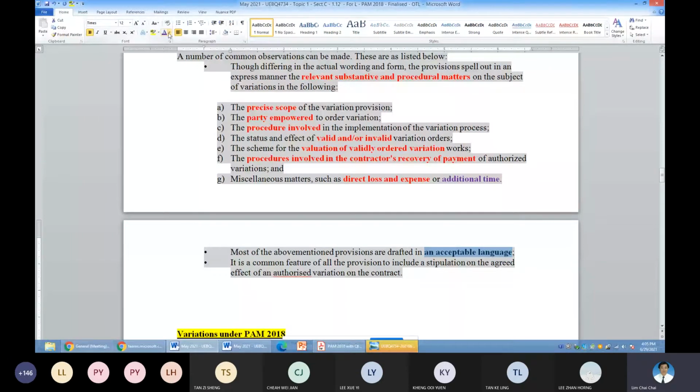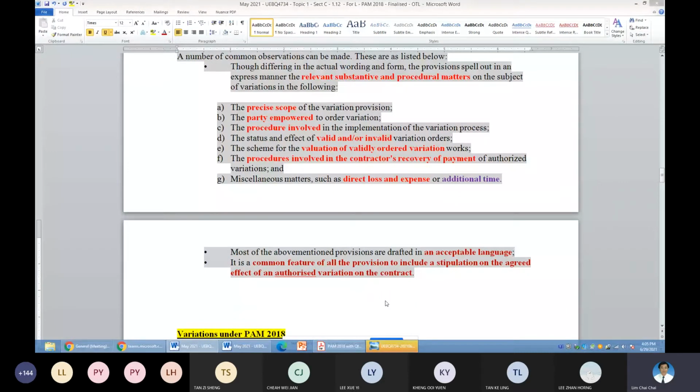It is in a very clear language. So the common feature of all provisions is the authorization and also the impact on the contract in relation to time and money.